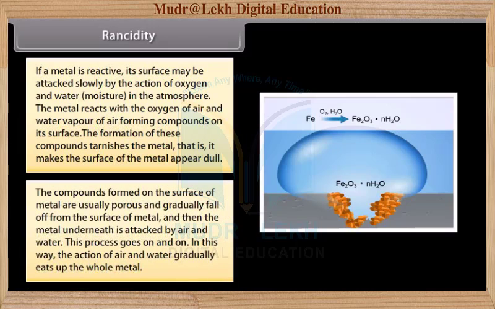The compounds formed on the surface of the metal are usually porous and gradually fall off, and then the metal underneath is attacked by air and water. The process goes on and on. In this way, the action of air and water gradually eats up the whole metal.